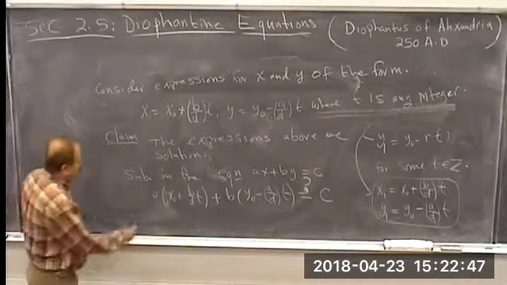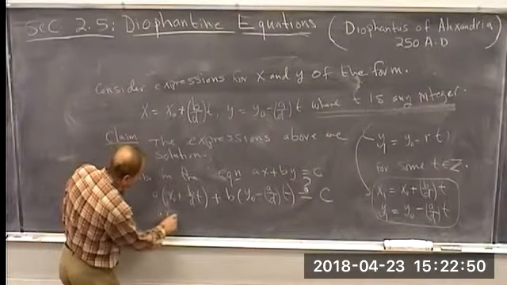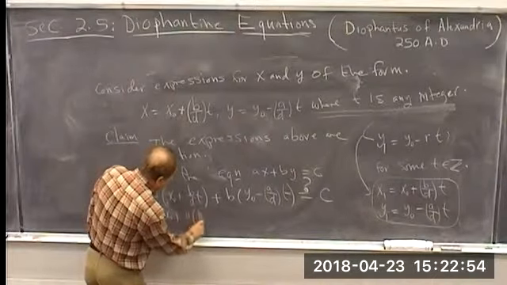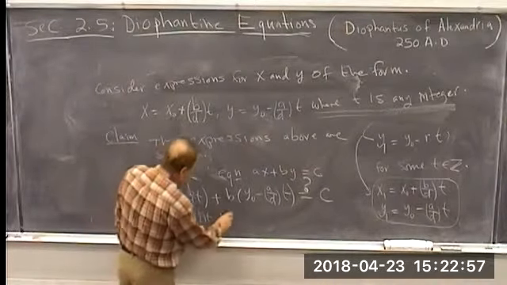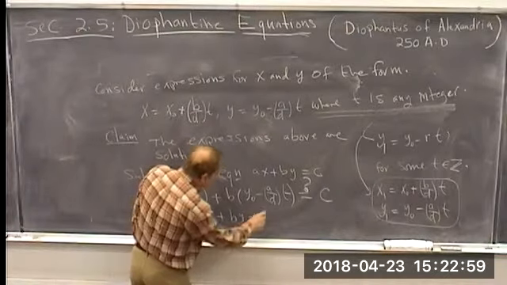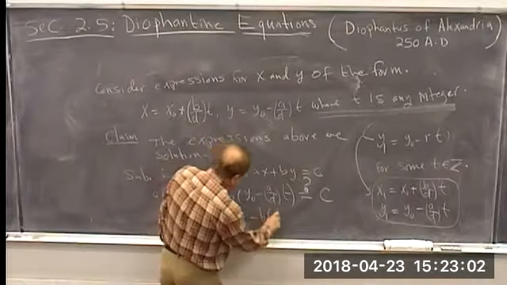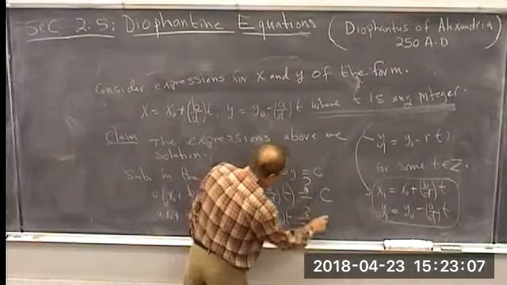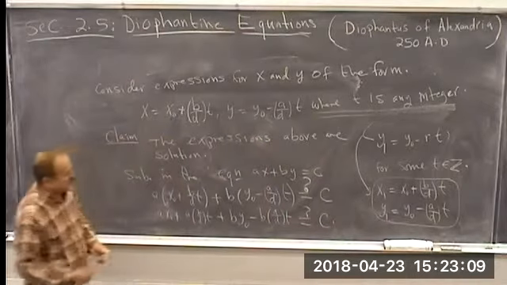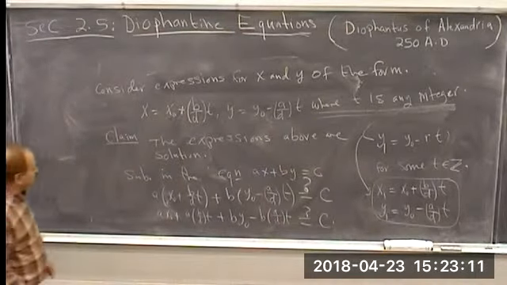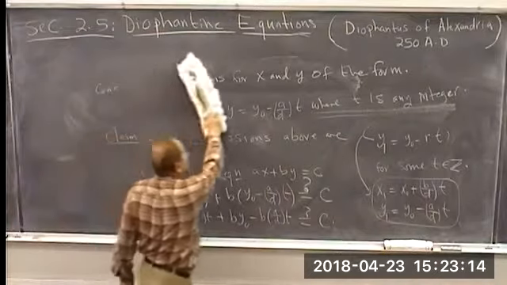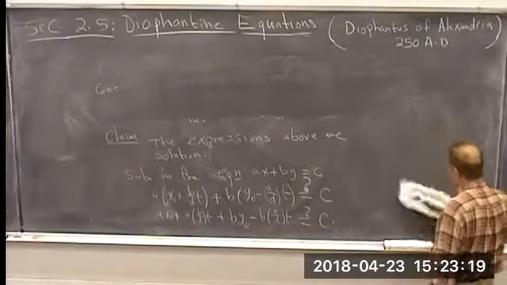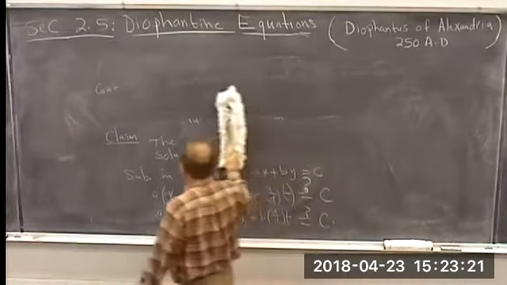Well, let's multiply. This becomes a x sub 0 plus a b over d t plus b y sub 0 minus b a over d t, and still I don't know if this will be c or not. All right, well, we're going to simplify this last expression.